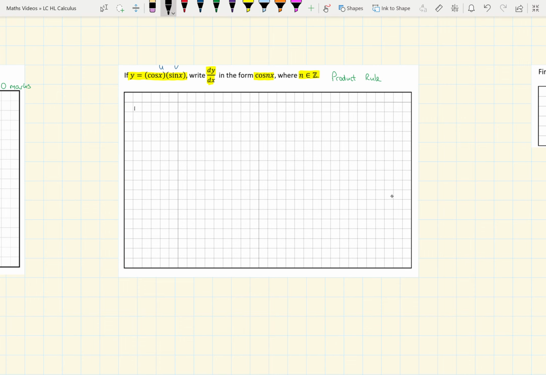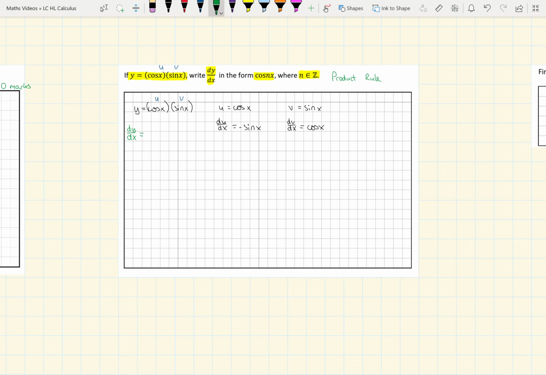Again, we write out our function y is equal to cos x by sine x. There's u and v. U is equal to cos x, du dx. When we differentiate it, it will give me minus sine of x, and v is equal to sine x. Differentiate it, and we get cos x. So we've done our setup work, so now we're going to sub into our formula.